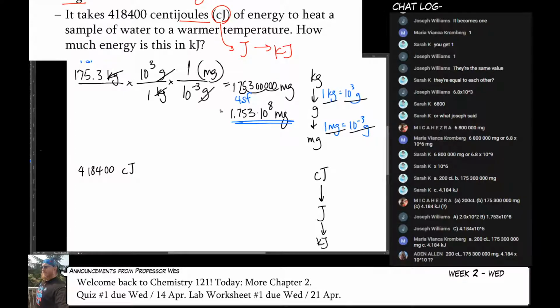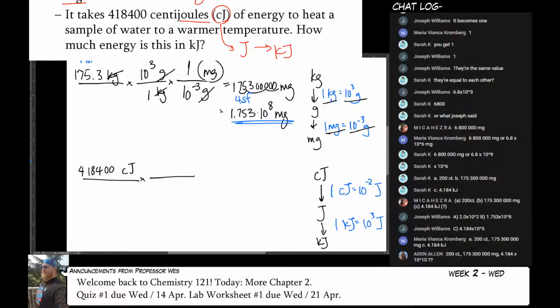Now, centi anything is just 10 to the minus 2 of that anything, right? And kilo anything is just 10 to the 3 of that anything. So we're going to treat it exactly like we've been doing all of the other prefixes. It's just this time we're using a different unit that we don't recognize.